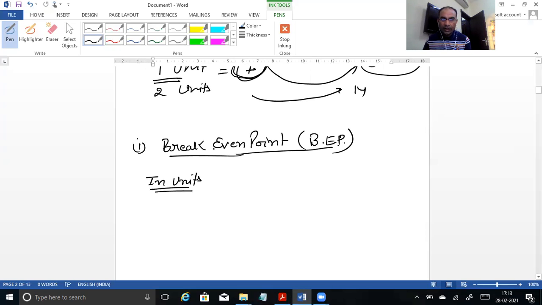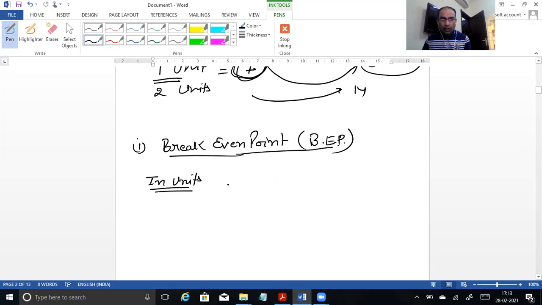If it is in units, how do we calculate it? Now, what is the meaning of break-even point? Break-even point is that point in the sales at which we are not earning any profit and we are not losing any money. Means there is no profit, there is no loss. That situation is called break-even point. So break-even point means our total sales are equal to total cost.